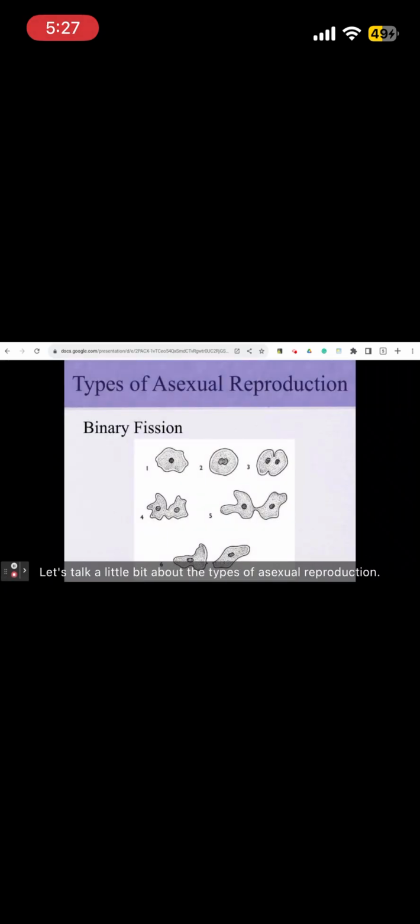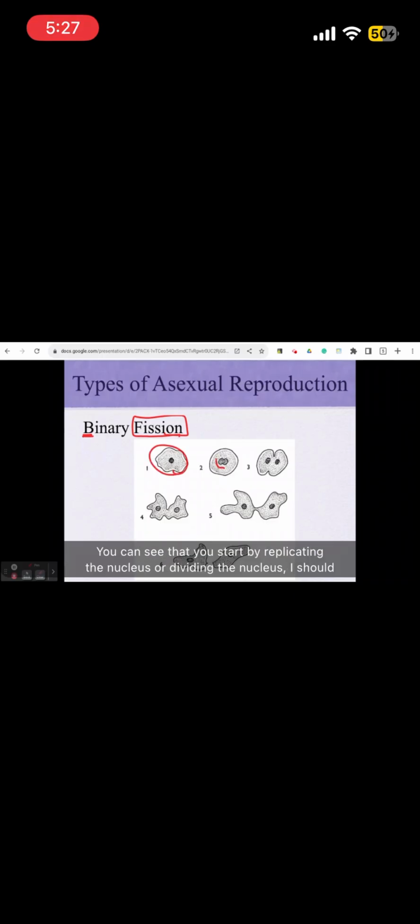All right, so let's talk a little bit about the types of asexual reproduction. Binary fission: bi means two, and fission means split. You should have learned that in physical science. And you can see this is an amoeba and just a regular cell. You start by replicating the nucleus, or dividing the nucleus, I should say.